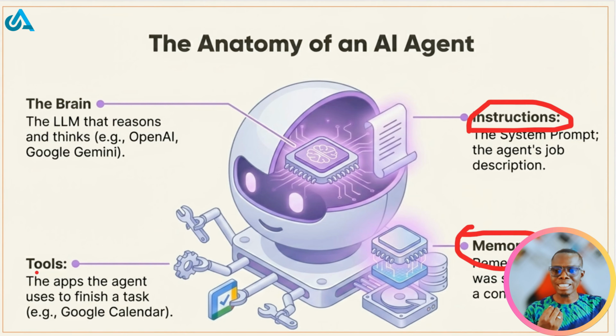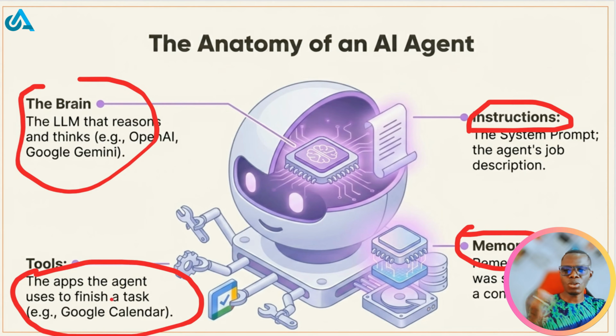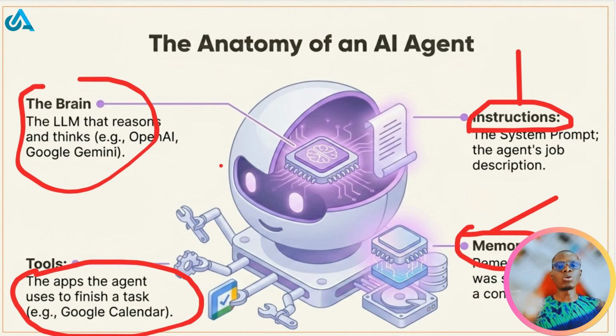And it has access to a lot of tools and decides using the brain to say, oh, I'm going to be using this tool to do this job. While I'm doing that job, I'm following a particular instruction, and I'm also making reference to the knowledge base that I have. That is what makes an AI workflow different from an AI agent.